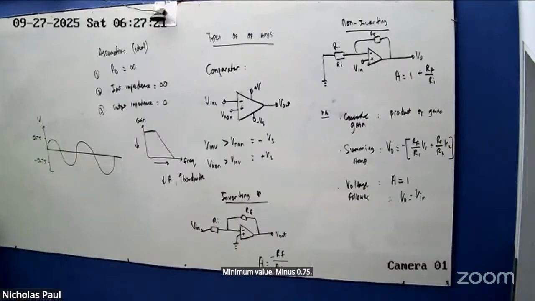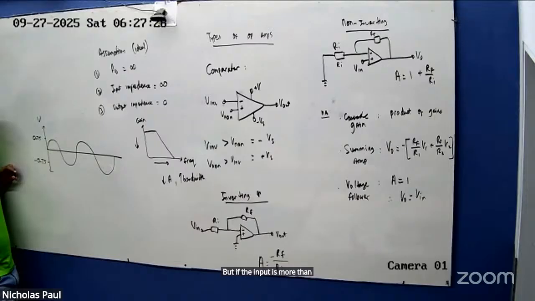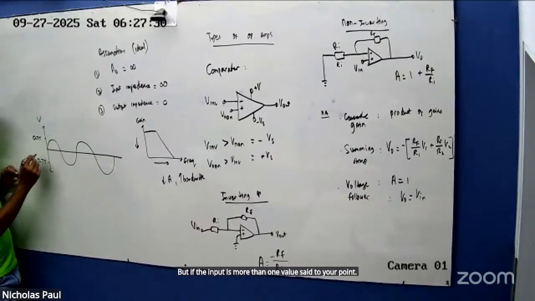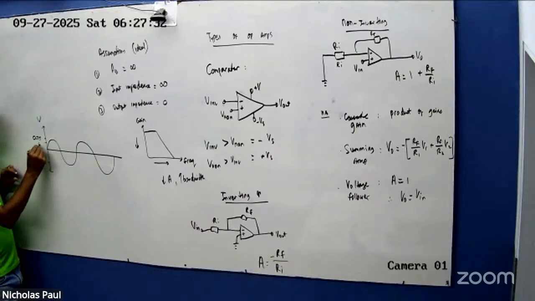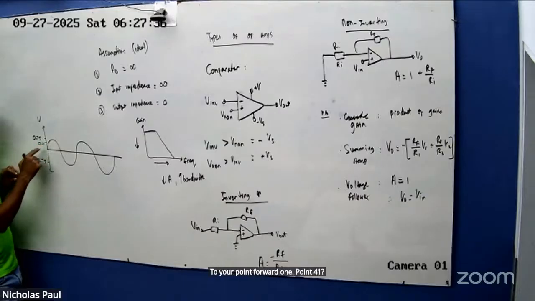Okay with that? Nice. So that's the input. But if the input is more than the value we said, 0.42.